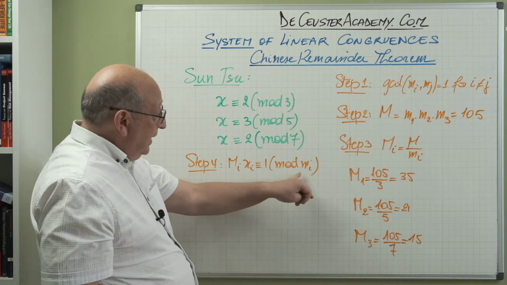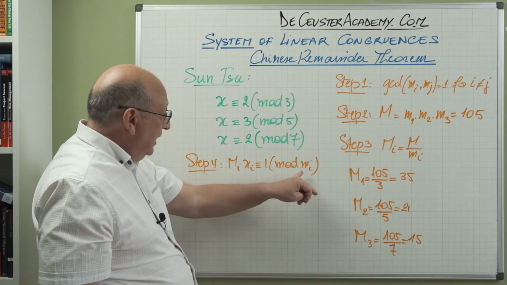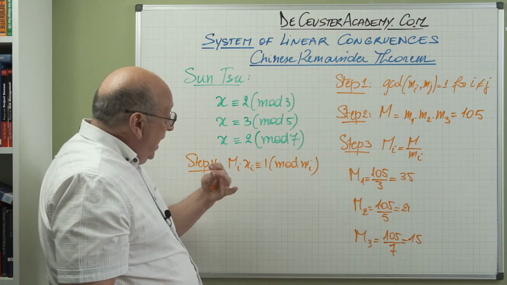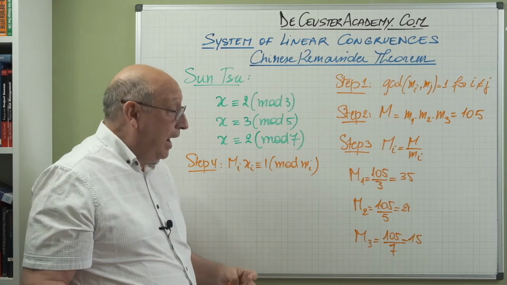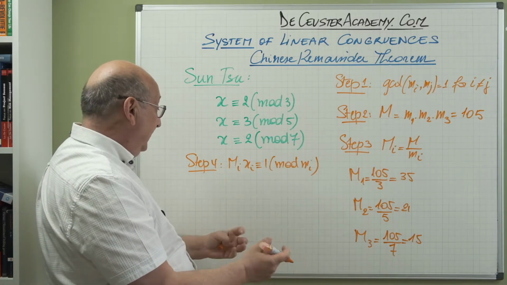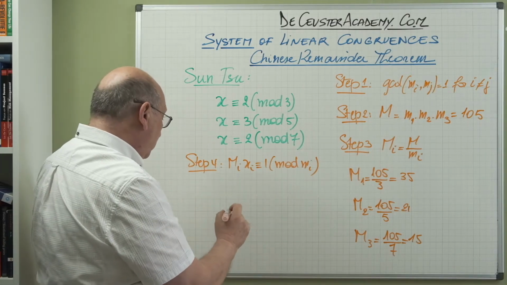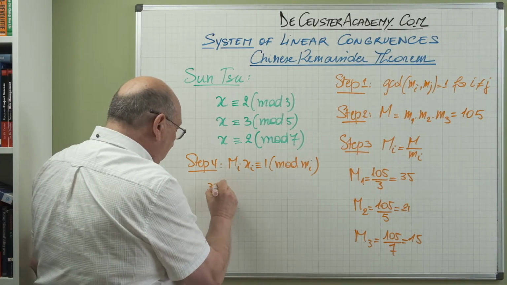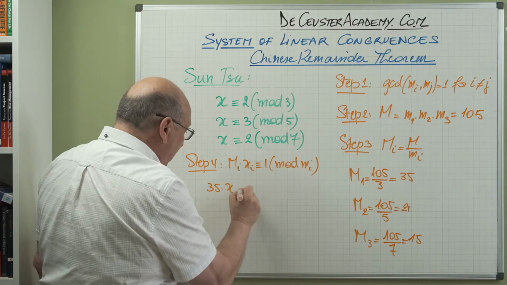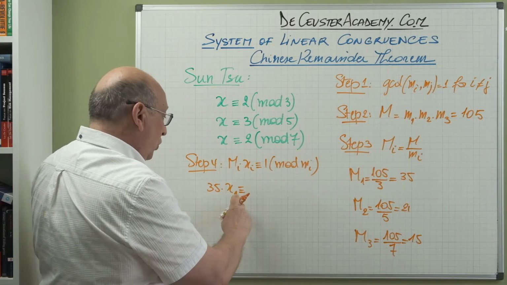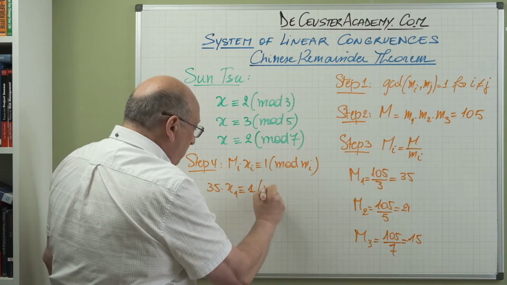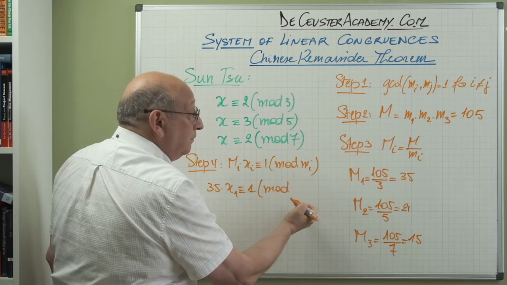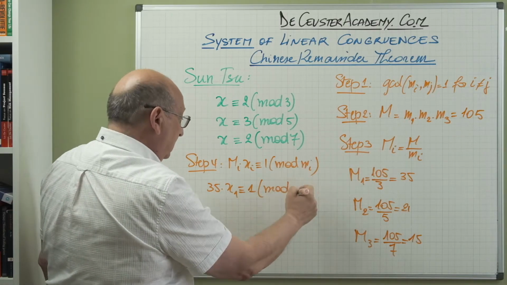And big Mi and small mi are relatively prime because of the way we define them. So the first one would be 35 times x1 is congruent with 1 modulus m1, 3.